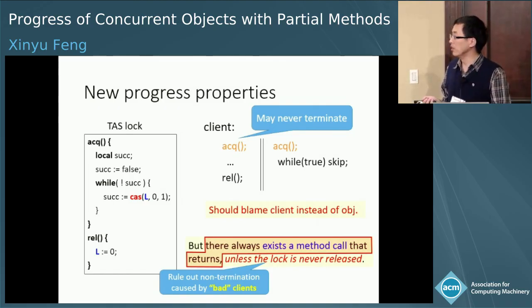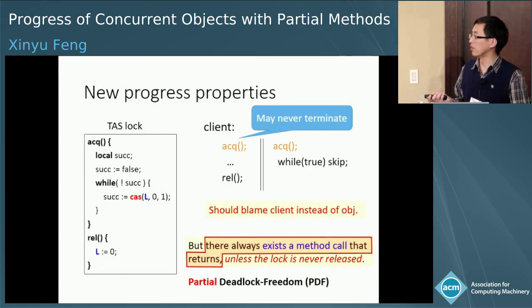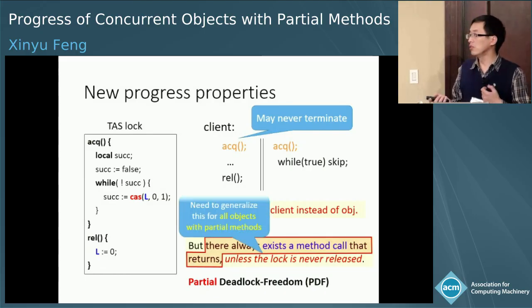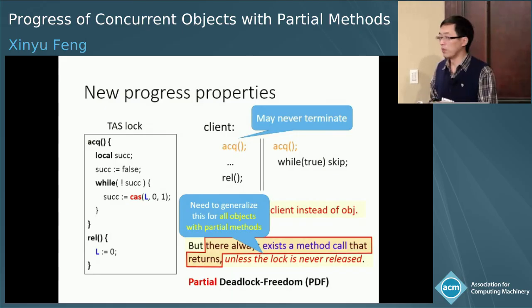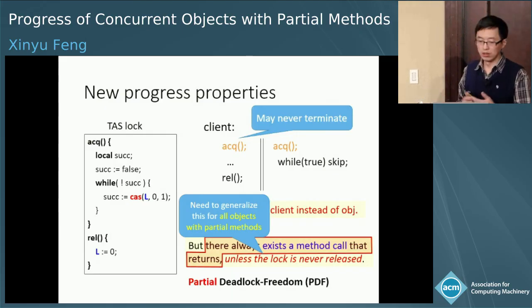So that's why we have this side condition. So then we get a relaxed version, which we call partial deadlock-freedom. This is not a real definition, it's just to give you some idea, because this is just an instantiation for locks. If we want to make it work for general objects with partial methods, we have to generalize this condition.